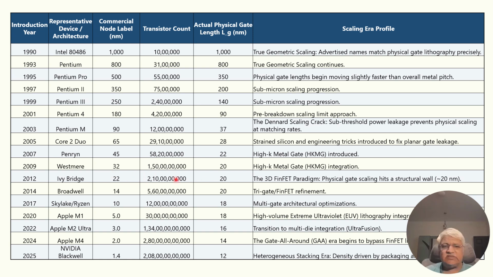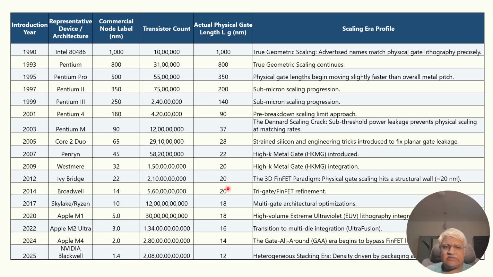But once it became like this, they stopped corresponding to each other. The commercial node kept shrinking further, but there was no shrinking of the physical gate length from 2012 onwards.